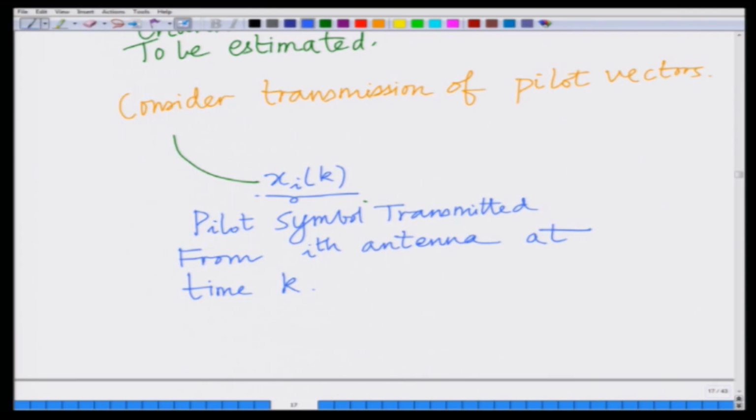Now we have multiple antennas, we cannot consider the transmission of a single pilot symbol. Previously, we had a single transmit antenna, so we said xk is the pilot symbol transmitted at time instant k. However, now we have multiple antennas, so I am using the subscript i to denote by xi of k the pilot symbol transmitted at time instant k on antenna i. So, xi of k denotes the pilot symbol transmitted on transmit antenna i at time instant k by the transmitter, which is the base station in the downlink.